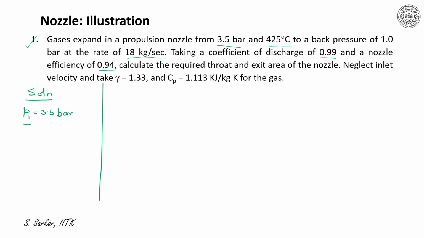T1 is 425 degrees Celsius, that's equal to 698 Kelvin. P2, the pressure at exit of the nozzle, is 1 bar.